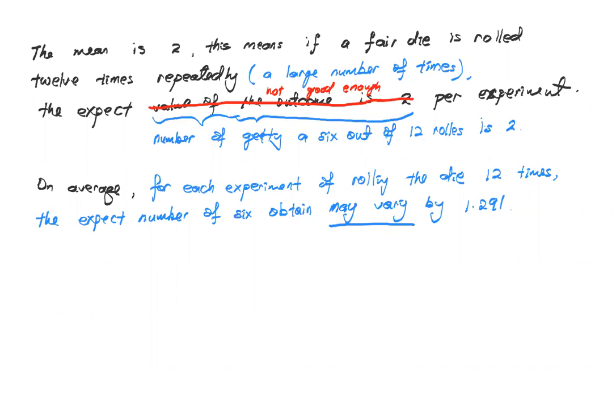So I'm talking about the mean. If you want to add, the expected number of 6 obtained, you may want to put a comma, 2, may vary by this much. So that gives you a very clear idea of what standard deviation is.